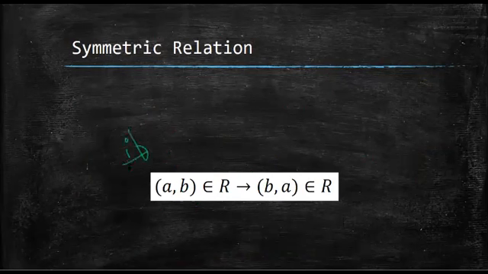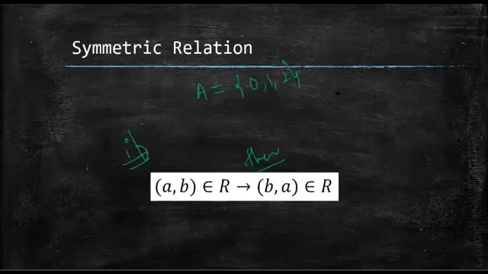We can take an example: if we have a set A with elements 0, 1, 2, and in the relation R, suppose we have 0, 1, then definitely 1, 0 should be there in the set. Then it is known as a symmetric relation.